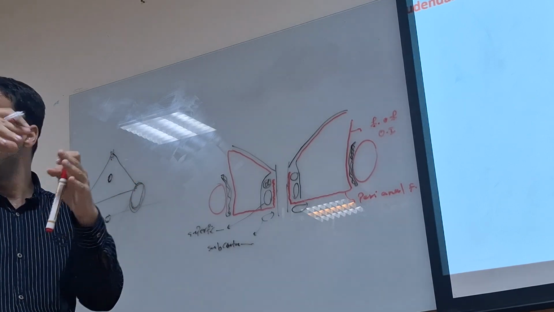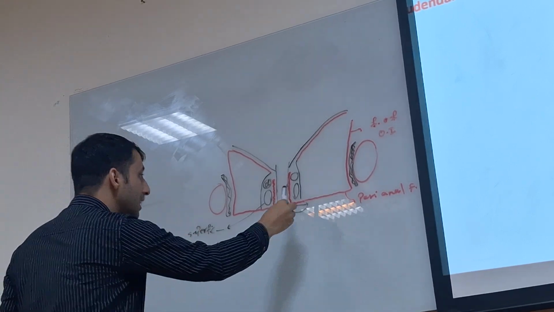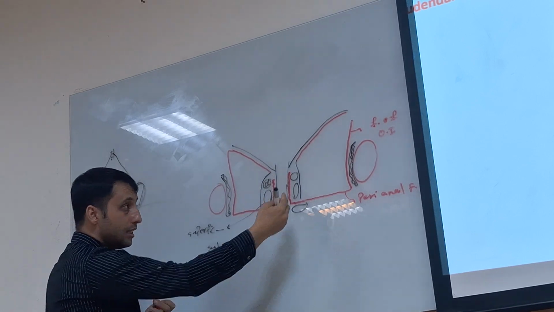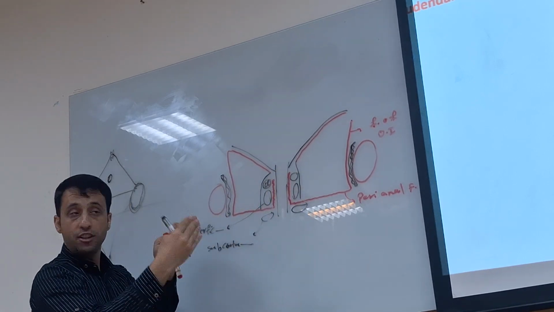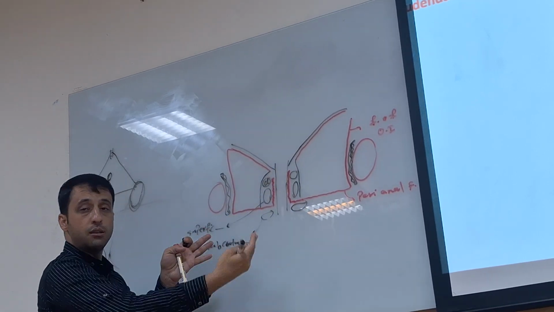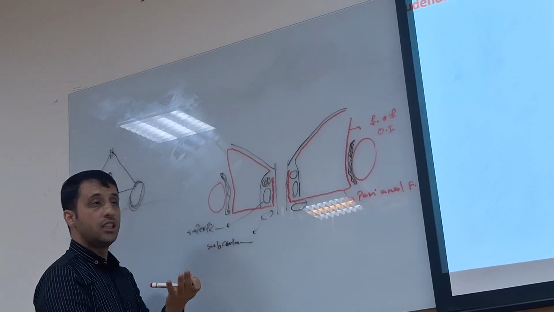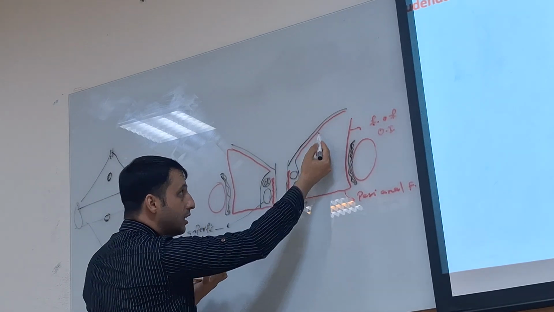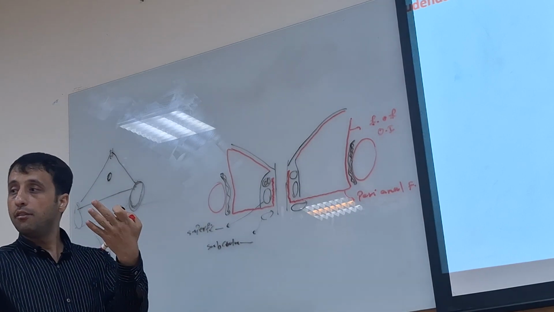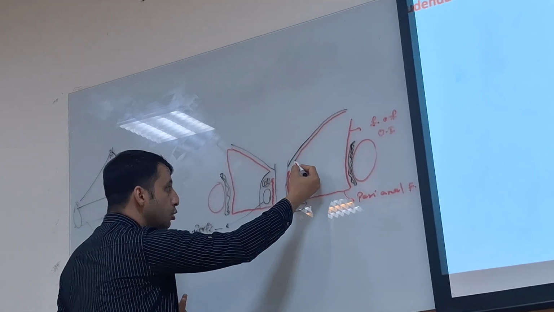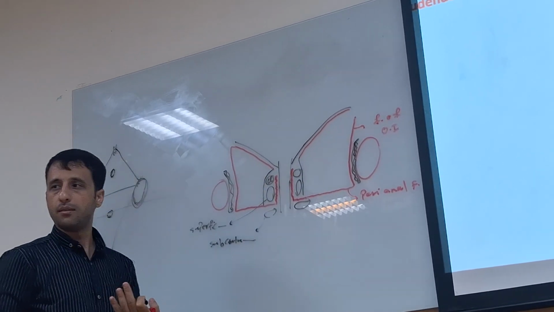Deep fascia is continuous. So, this fascia is deep fascia because it's fascia of the striated muscle of the external anal sphincter. Also, this fascia is a deep fascia of levator ani muscle. These two fascia attached together.